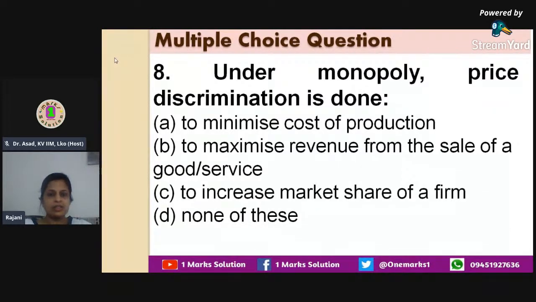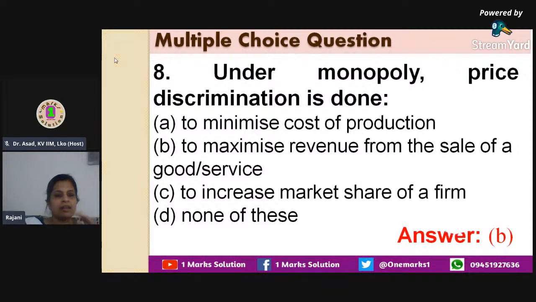Think about it and tell me. The next option is to increase the market share of a firm, but in a monopoly the firm itself is the industry, so there is no need to increase the share of the firm. And the last is none of these. What is your opinion regarding this option?